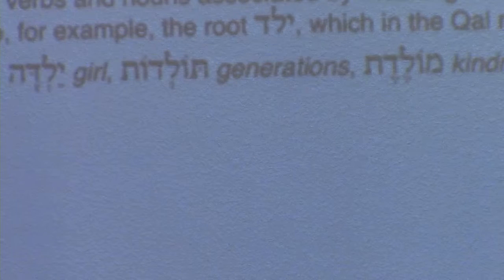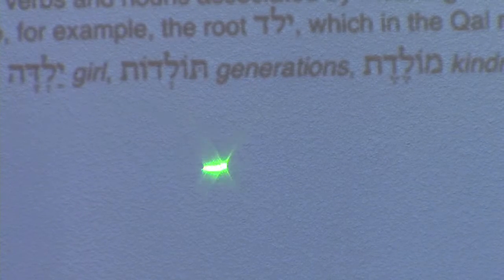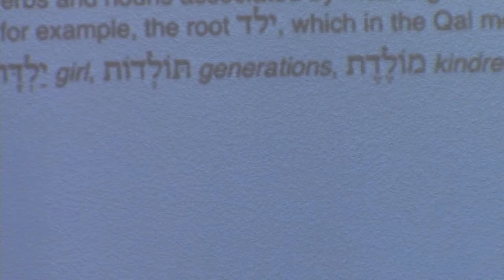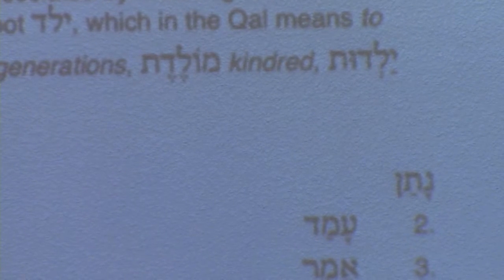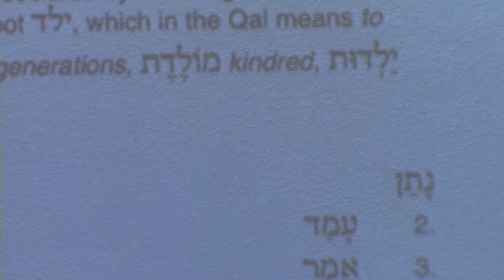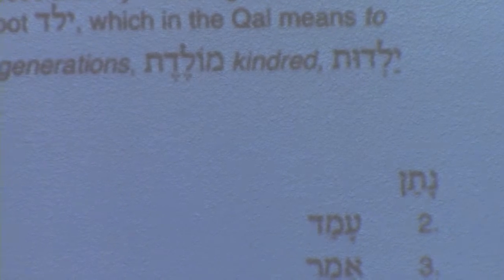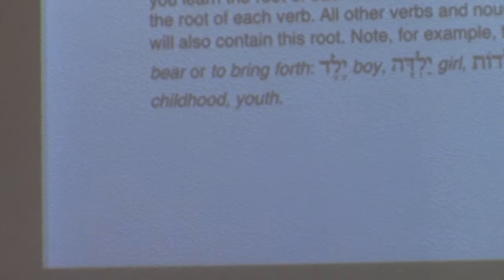You get generations. It's the next generation. Okay, you see that? And so the yod has been assimilated, but then you get other words out of this. Moledet, for our kindred, our kin. So it's all family words. Yaldot, for childhood or youth.